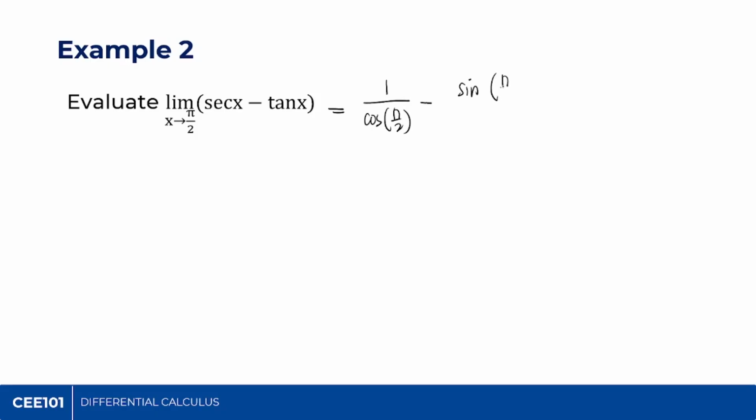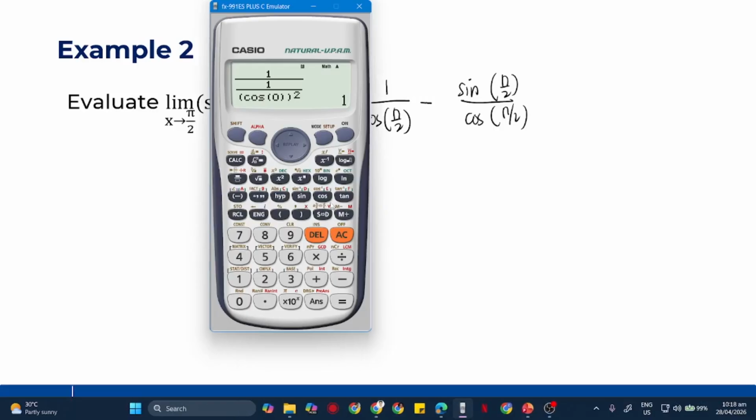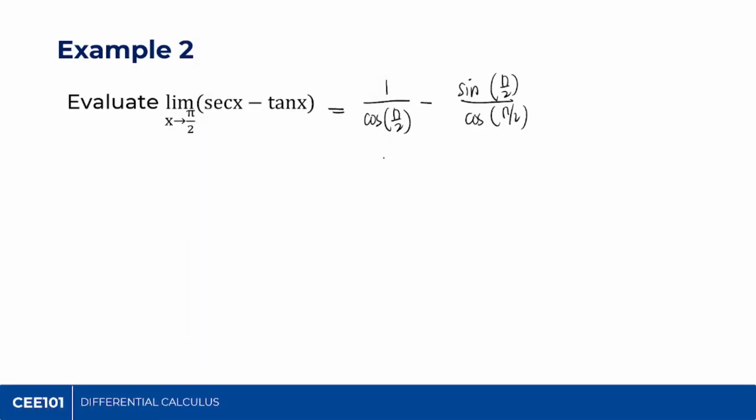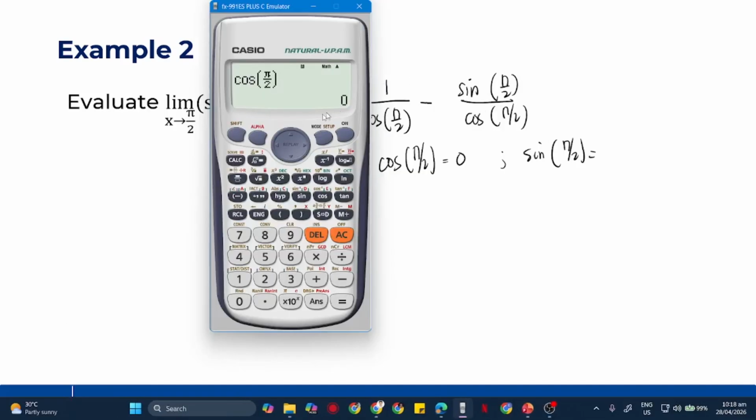So that is sine of pi over 2, then cosine of pi over 2. Tama ba? Then using our calculator, yung cosine pi over 2, that is 0. Itong cosine pi over 2, that is 0. At saka yung sine pi over 2 naman, okay, that is equivalent sa 1.